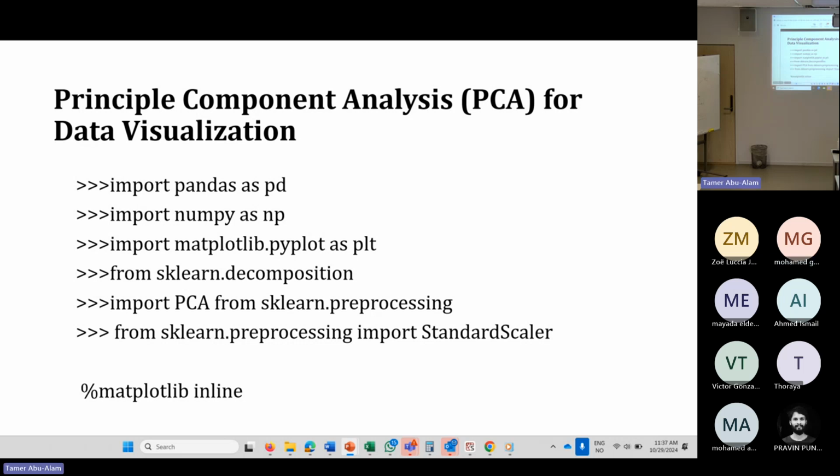From sklearn, we need to get the PCA, the principal component analysis. If you remember, in the previous lecture, we imported sklearn and used k-means, which is a clustering process in sklearn. Here we are using a different sub-package, the PCA.